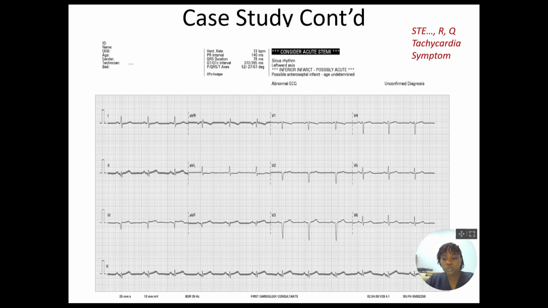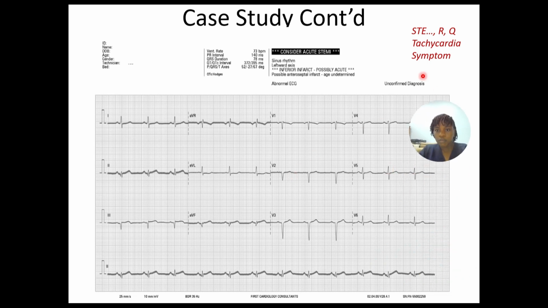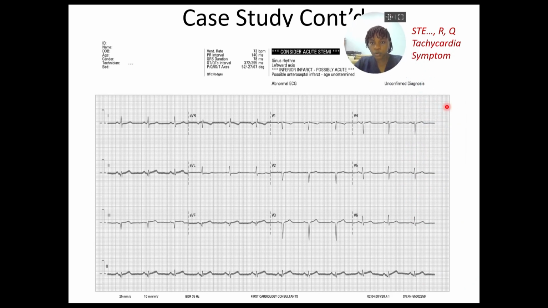Now, his ECG was repeated following the reperfusion therapy of the infarct related artery. Following this, you can see that the ST elevation in inferior leads has greatly resolved. However, you can see the presence of Q waves now in the inferior leads and also in the anterior leads as well.